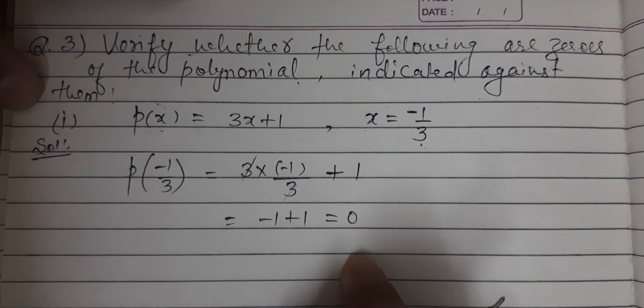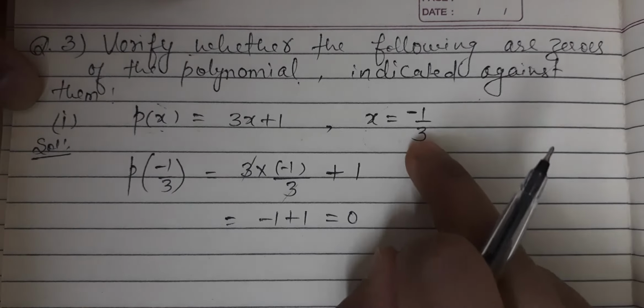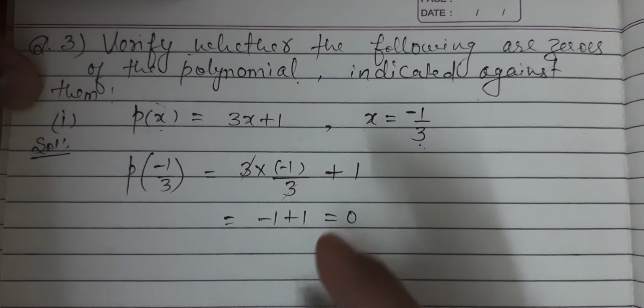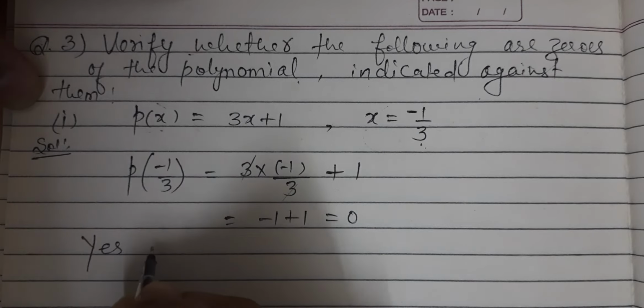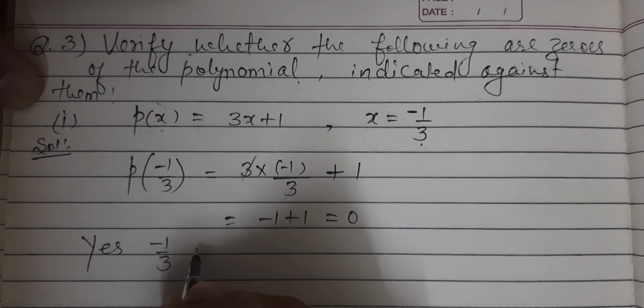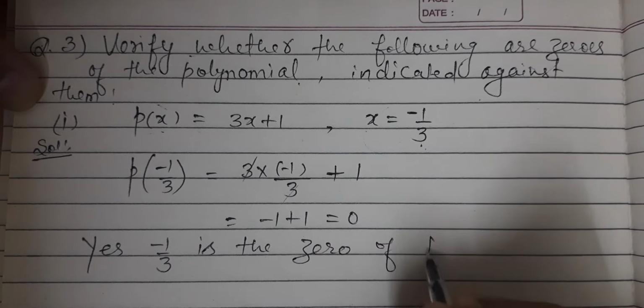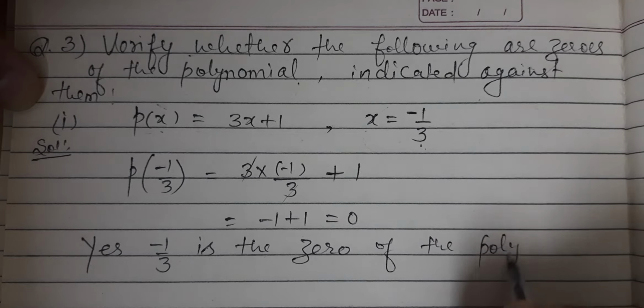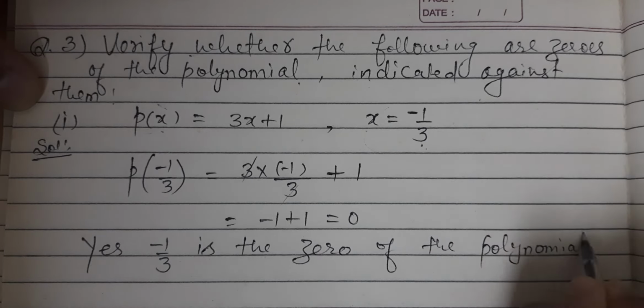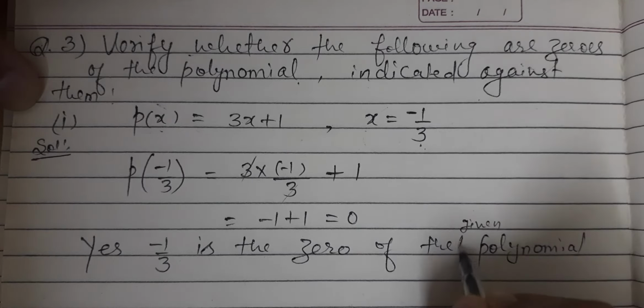So are we getting 0? Yes, we are getting 0 after putting x equals to minus 1 by 3. So we will write yes, minus 1 by 3 is the zero of the given polynomial. Okay, understood?